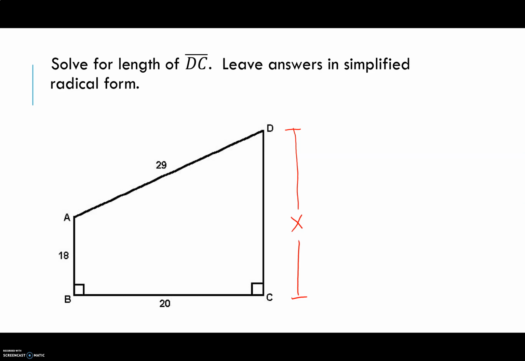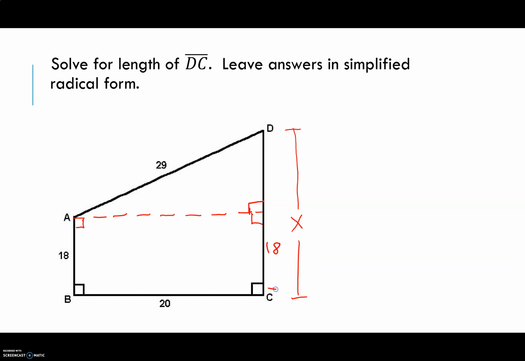So the right place to draw a line in this diagram is actually straight across from point A. This line will be parallel to side BC below. Assuming that it's perpendicular to this other side, it will create a rectangle over here, and we know that rectangles have opposite sides that are congruent.